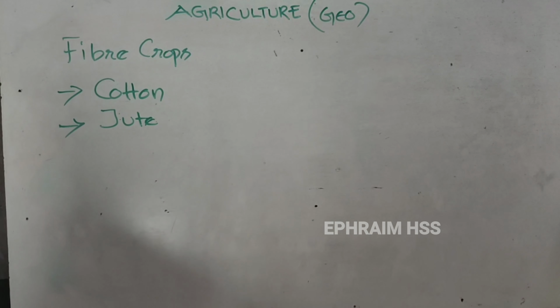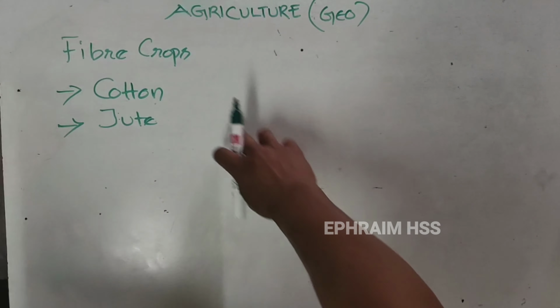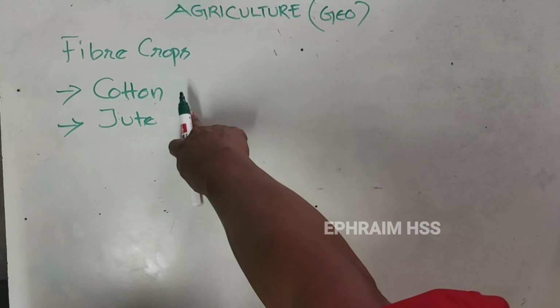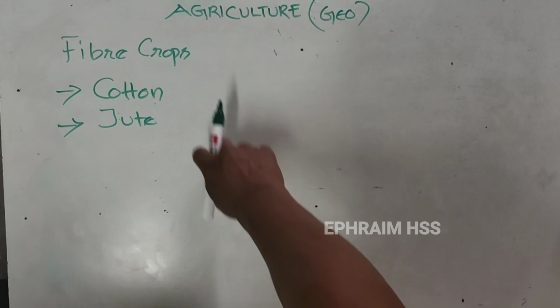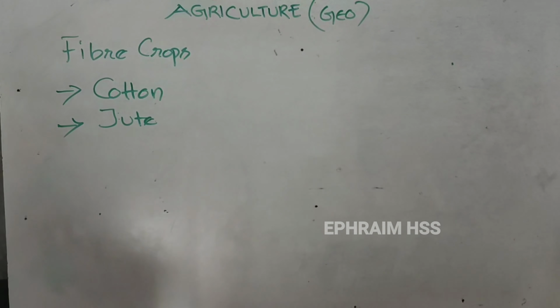Now, under fiber crops, like I said, there are two main crops, that is jute and cotton. Cotton is the most important natural fiber used in making clothes, and it can be grown in black soils and alluvial or sandy loamy soils.